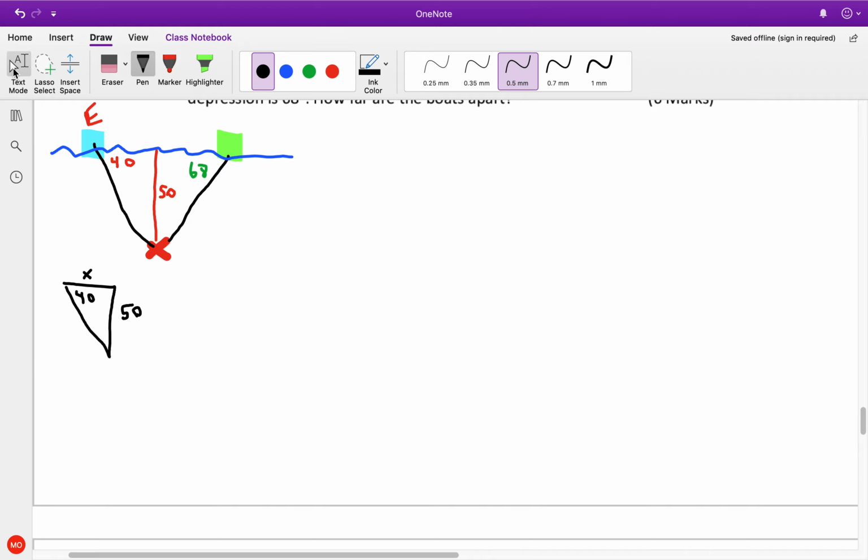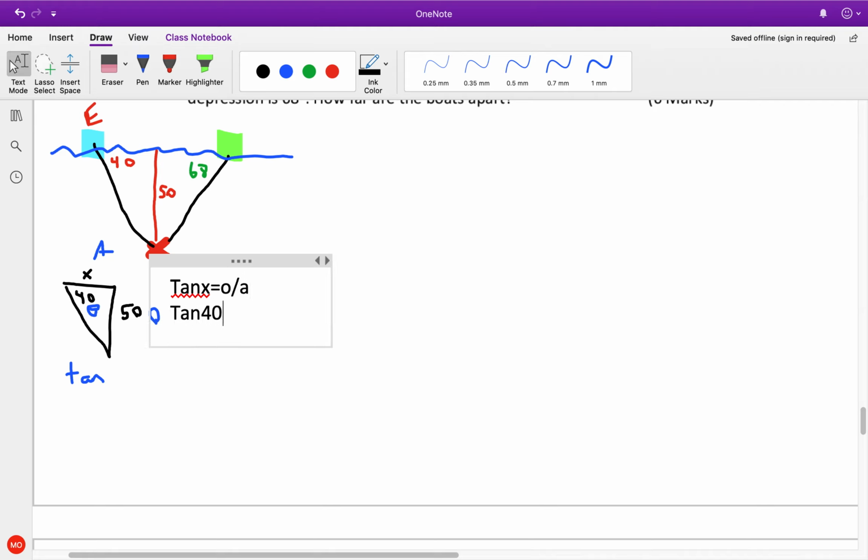We have the adjacent, the opposite, and theta, so we're going to use tan. tan x equals opposite over adjacent. So tan 40 equals opposite, 50, over x.